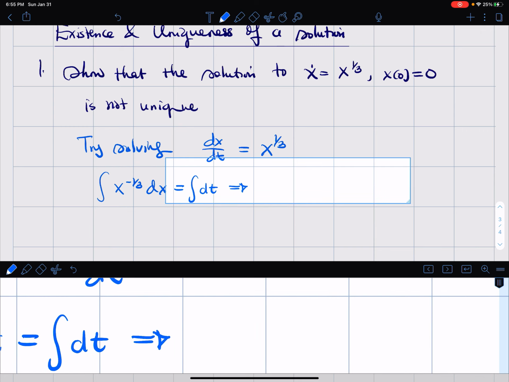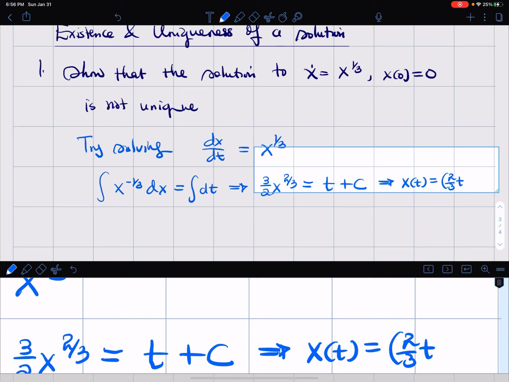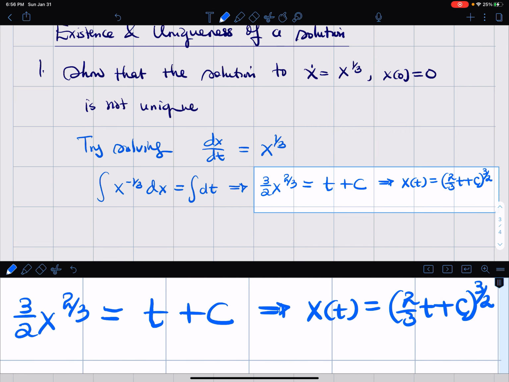If you integrate the first part, you get 3/2 x to the power of 2/3 is equal to t plus c. Or this also just means that x of t is equal to (2/3 (t plus c)) to the power of 3/2. I think. Yes. All right, so that's our solution.